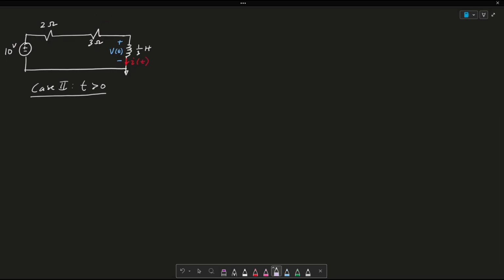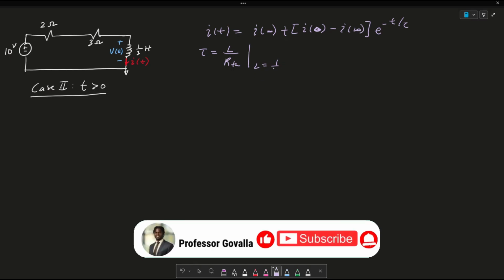From our past videos, we can use what we labeled as the FIFE equation, which says that I of t is equal to I final plus I initial minus I final times e to the minus t over tau, where tau is equal to L over R Thevenin, where L is equal to 1/3. And we need to find R Thevenin.